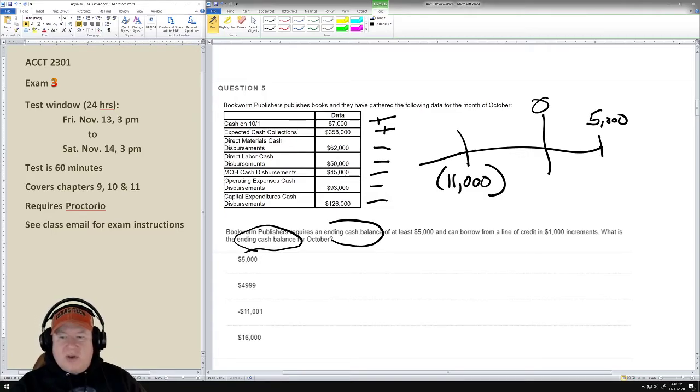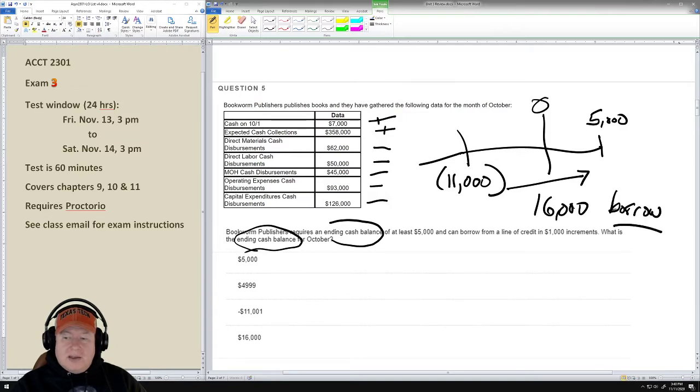How much do we have to borrow to get from here to here? Well, we have to borrow 16,000, right? We have to borrow 11,000 to get to 0, and then borrow another 5,000.